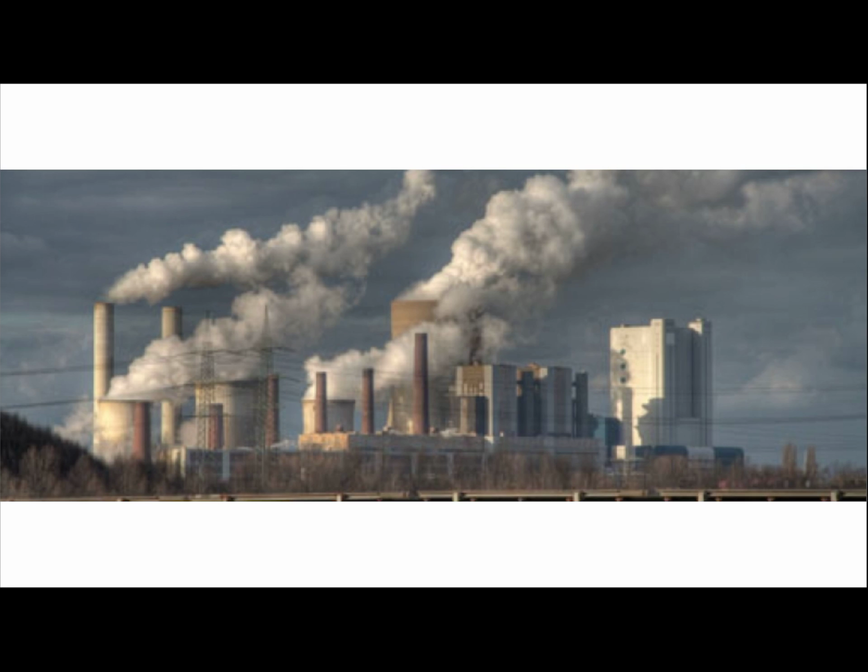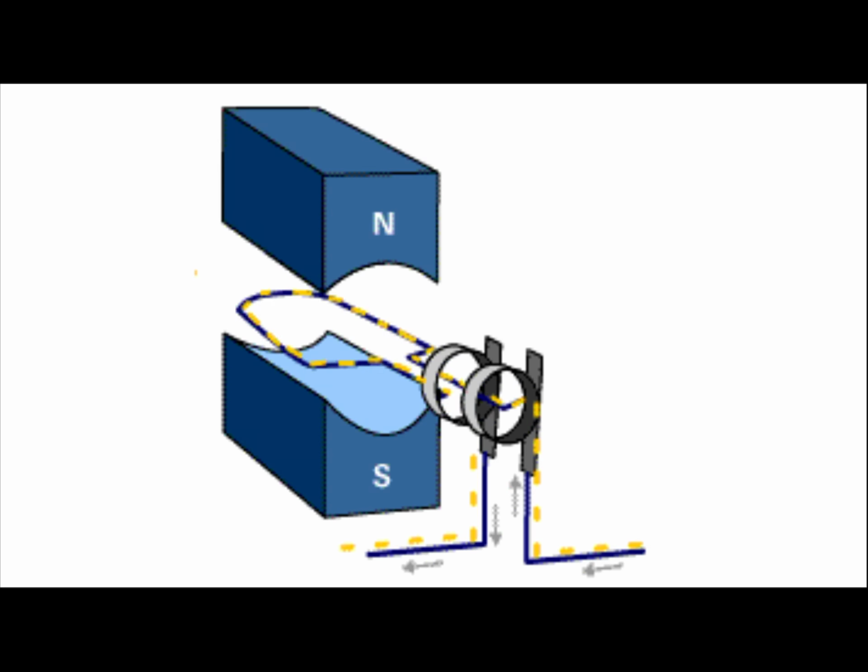And how do we generate power, though? Well, we have a couple different ways. Here is a coal generator. It burns coal to boil water, and the water turns into steam, and it moves upward and is able to move turbines, which, if we look at our diagram here, move those wires there.